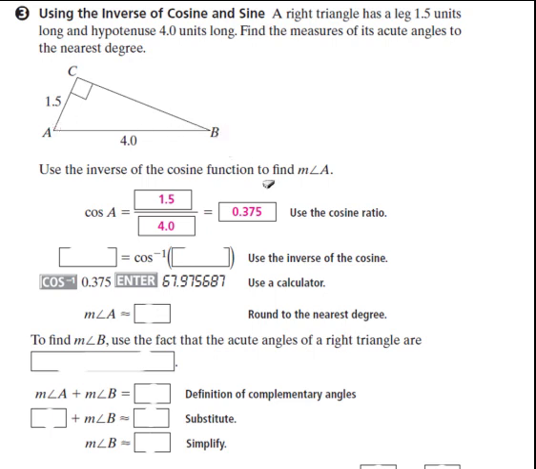So at this point, this is where we need to use inverse. This is something that you have to use a calculator for. Again, these cosines and sines and tangents and inverses, you're all going to have to use the calculator for. So we do the inverse cosine of both sides, which leaves us just with A. And then over here, we get the inverse cosine of 0.375, which when you punch that into your calculator, you get 67.97, or to the nearest degree would be 68.